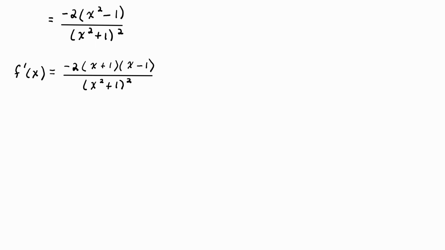Now, to find the critical numbers, we have to find the x values for which f prime of x equals 0 or does not exist. We know that a rational function will equal 0 whenever its numerator is 0 and its denominator is not 0. And at x equals negative 1, that happens, because if we put a negative 1 here, we get 0, but if we put a negative 1 down here, we don't get 0.